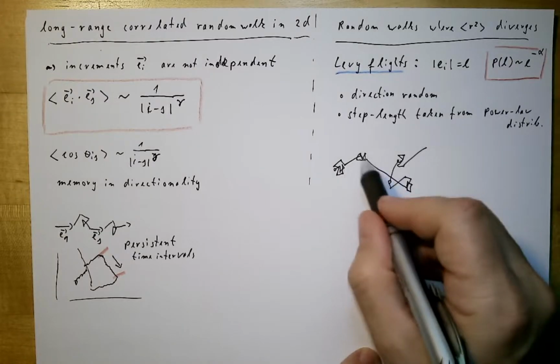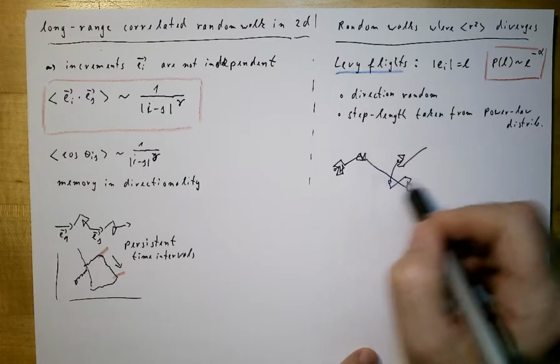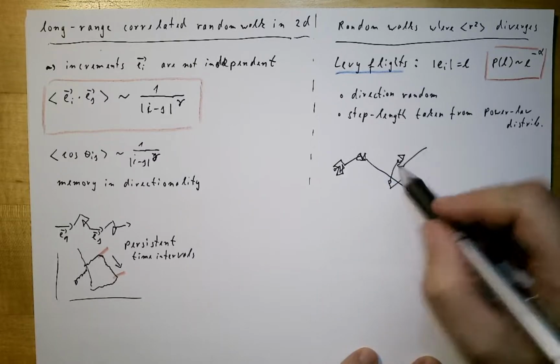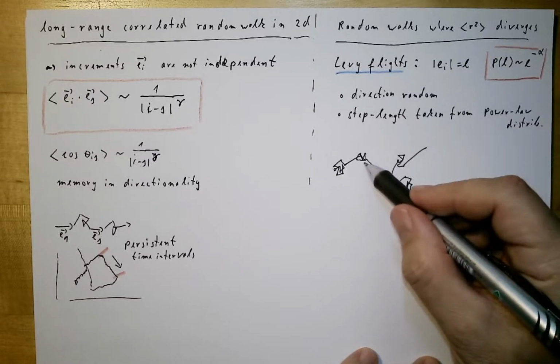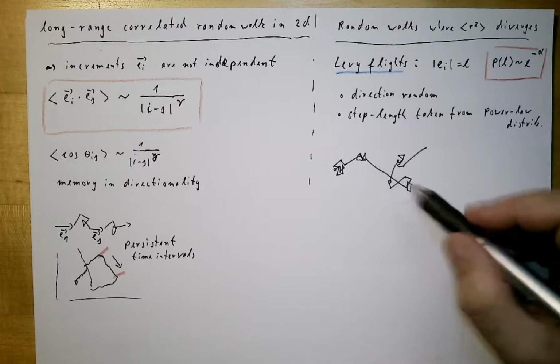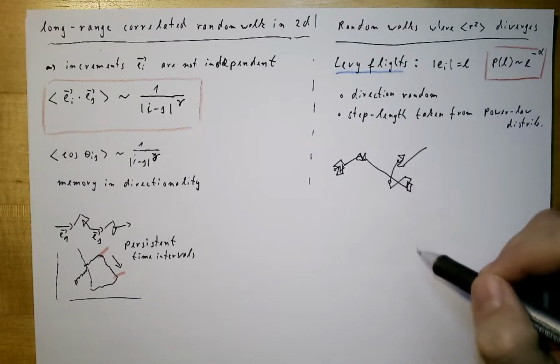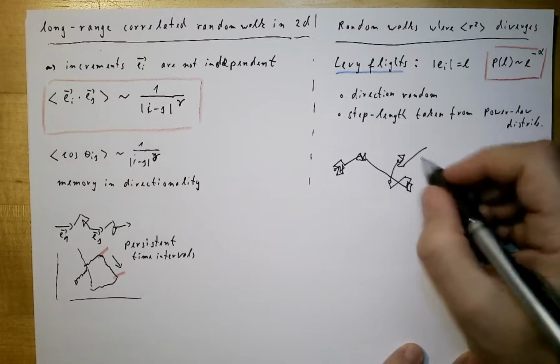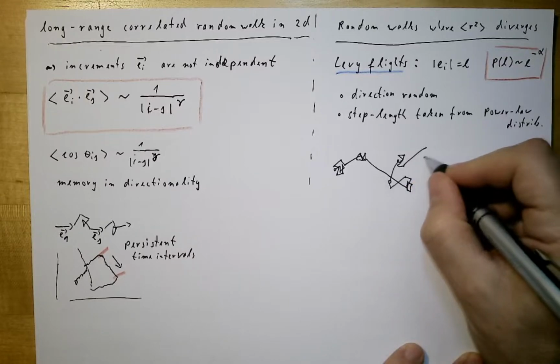where the walker is sometimes concentrated on a certain spot and then suddenly decides to make this very large step. I mean, the events in the tail of the power law distribution. So we have these rare long jumps.